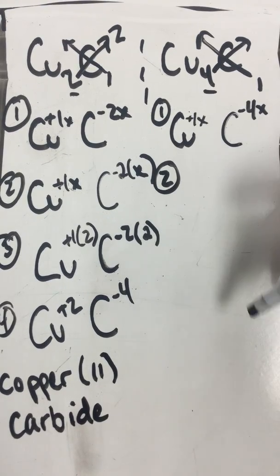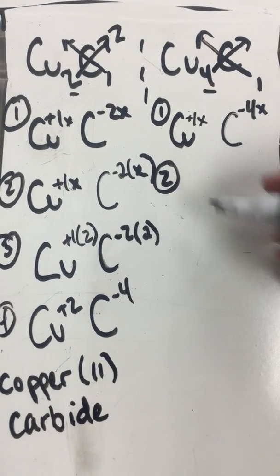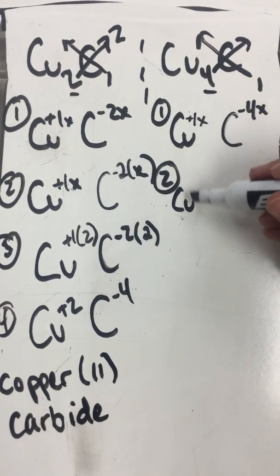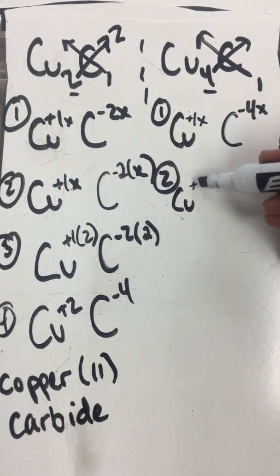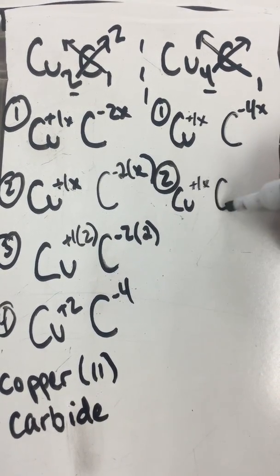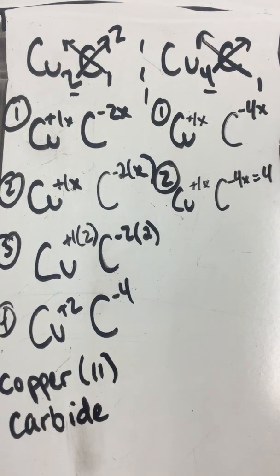My second step is going to be trying to figure out what that x is. Here I can't really do anything yet with my copper, but I know that with my carbon, whatever this is going to have to equal -4. So I've got to solve for x in this situation.